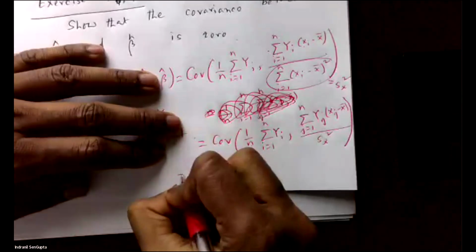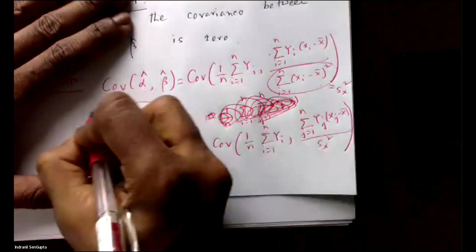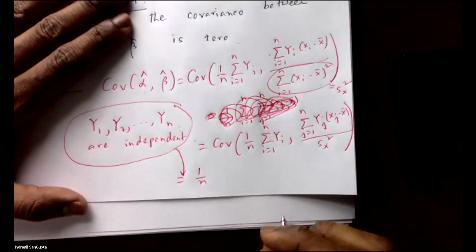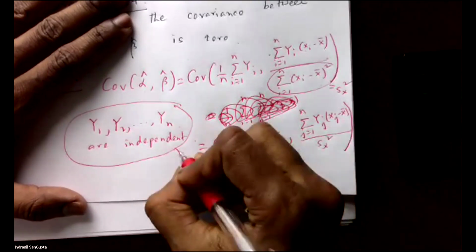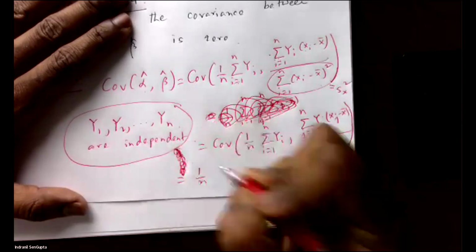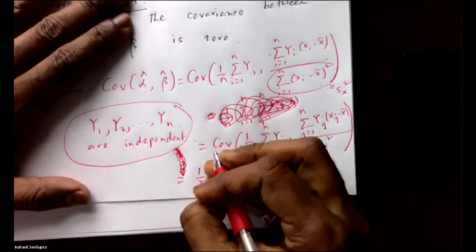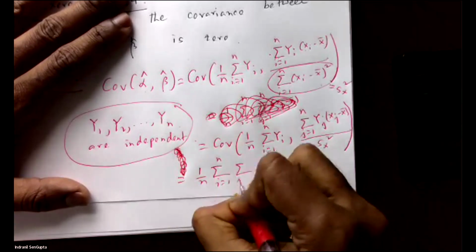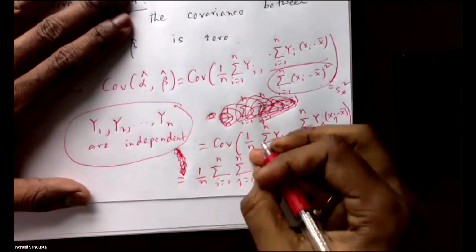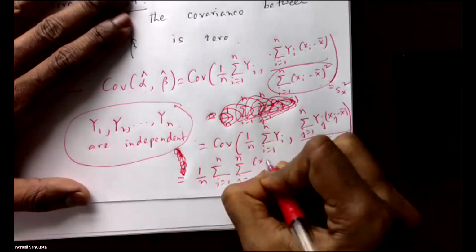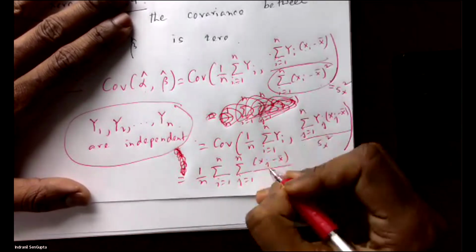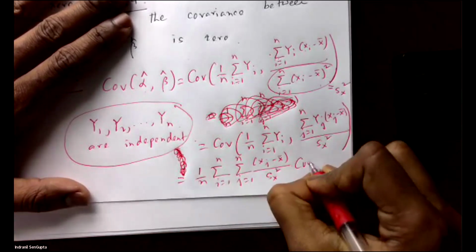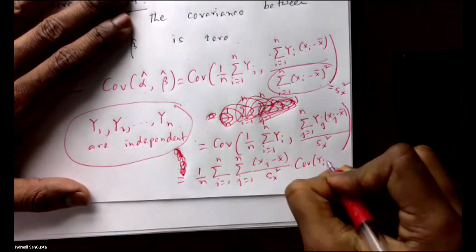And then this is nothing but, using that y1, y2, yn are independent. Well, actually it's true irrespective of that. So it's 1 over n summation i from 1 to n summation j from 1 to n, and what we had is (xj minus x bar) over sx squared times covariance of yi, yj.